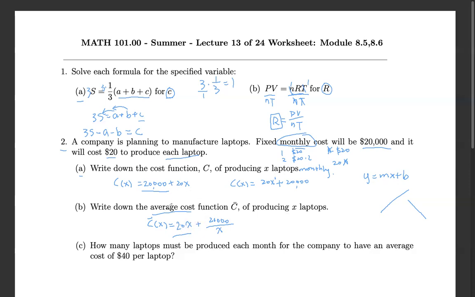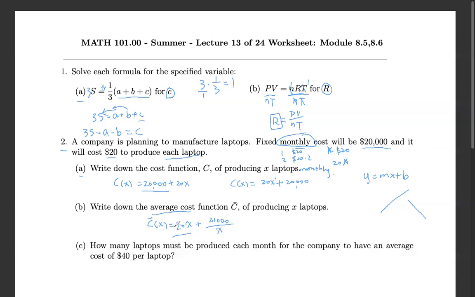Then the average cost, which means for each laptop, for how many? For X many laptops, the total fixed amount is $20,000. So we use 20,000 divided by X. This will be the fixed cost for each laptop.